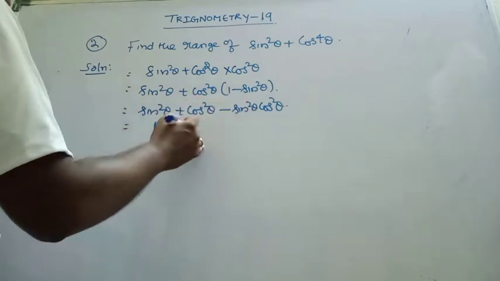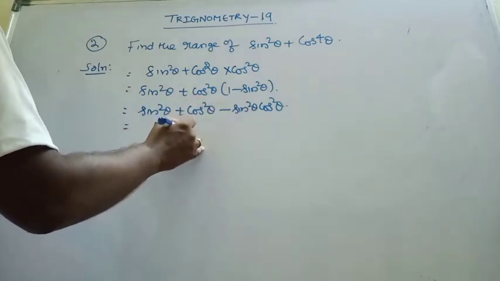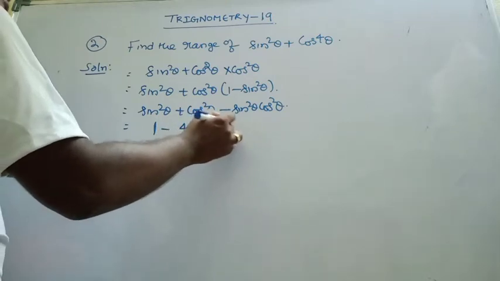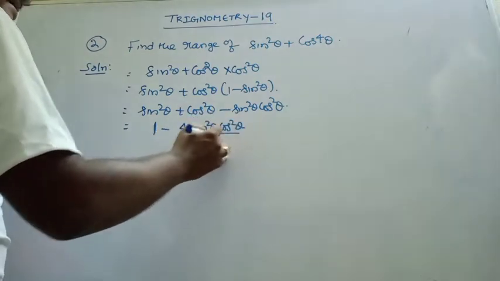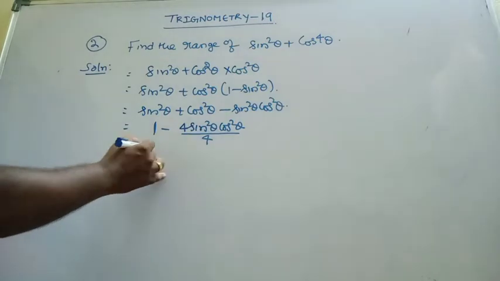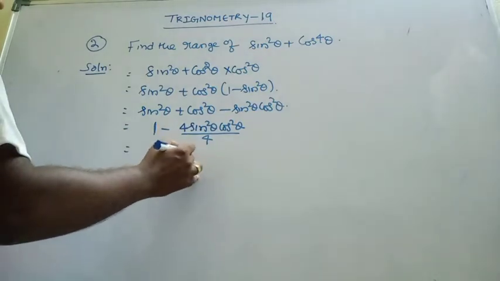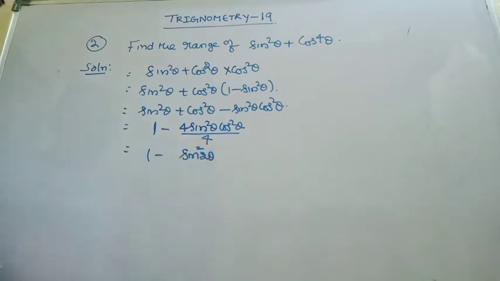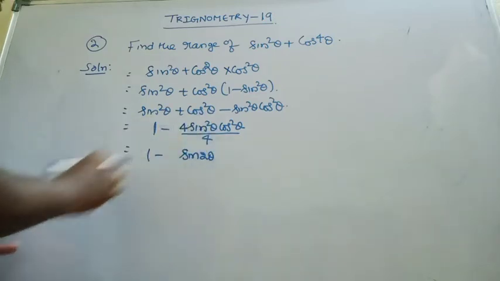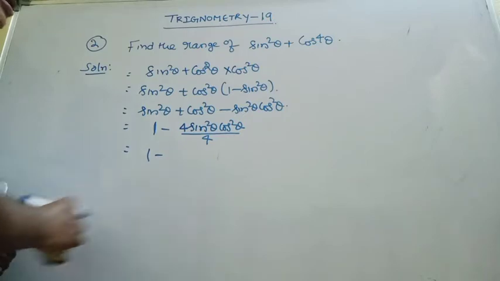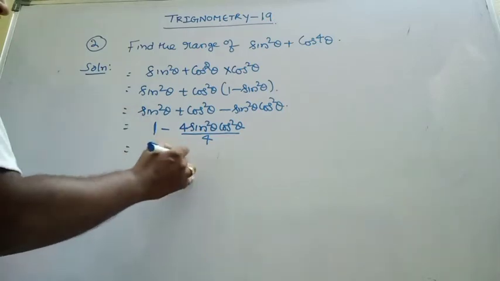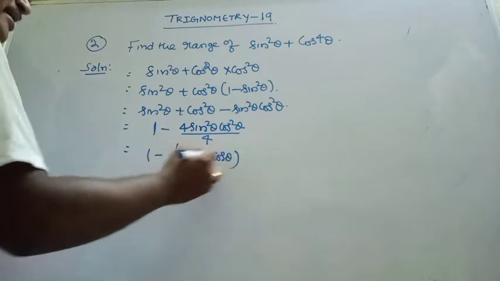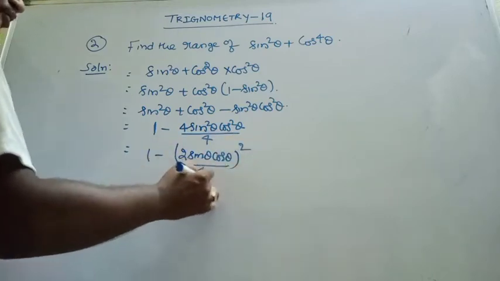Here I will multiply and divide by 4, giving 4 sine square theta cos square theta, because we want to apply the sine 2 theta formula. Now 1 minus sine square 2 theta by 4, since if you write 2 sine theta cos theta whole square, divided by 4.